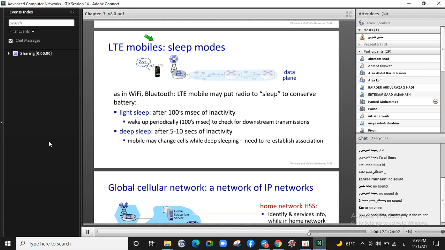To save the battery, we need to use a sleep mode to conserve the battery.